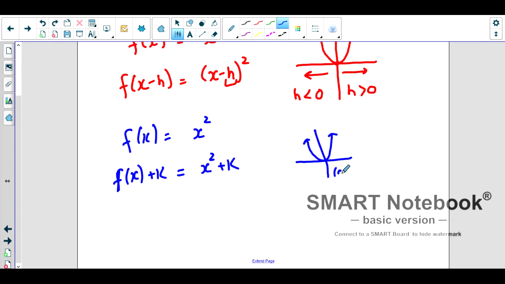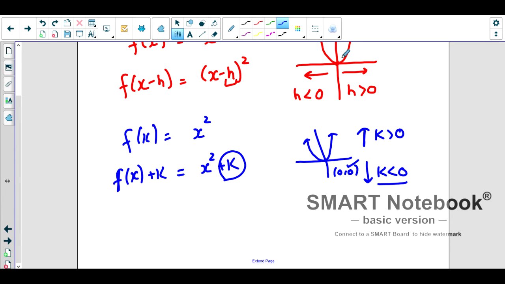Let's say the vertex is (0, 0). Now this y-axis value will be changed because of this k. This k is responsible for shifting the graph up or down. If the k value is greater than 0, the graph will shift up, and if the k value is less than 0, the graph will shift down.